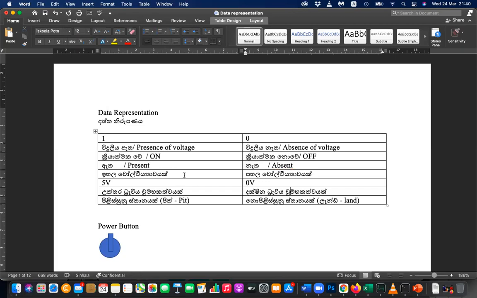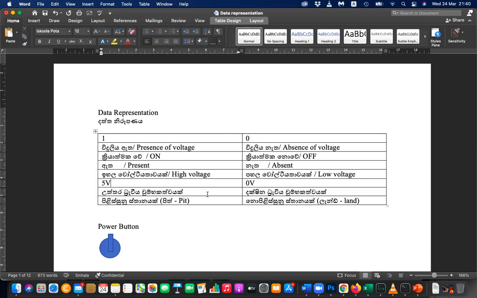Or high voltage or low voltage, or 5 volts and 0 volts.